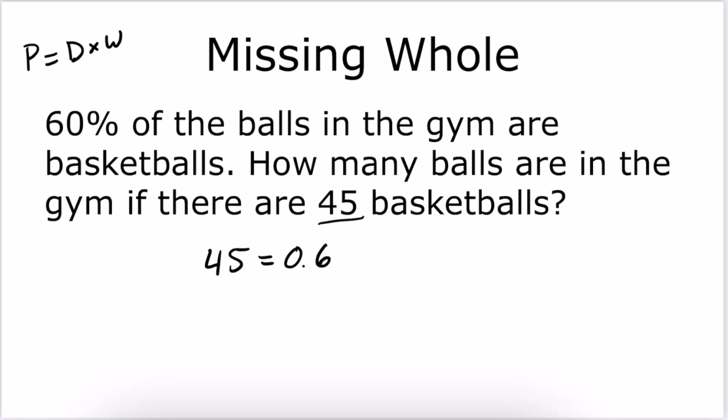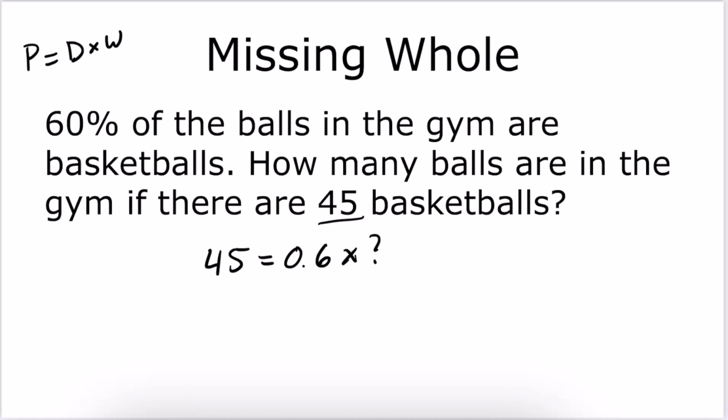Next week, we'll talk more about why 60% can be rewritten as 0.6 and how to teach that to your students. But I'm assuming you guys know how to convert percentages to decimals, so I'm not going to go into a lot of detail about the why right now. So 60% written as a decimal is 0.6, and then I multiply this by the whole, which is what I'm missing.